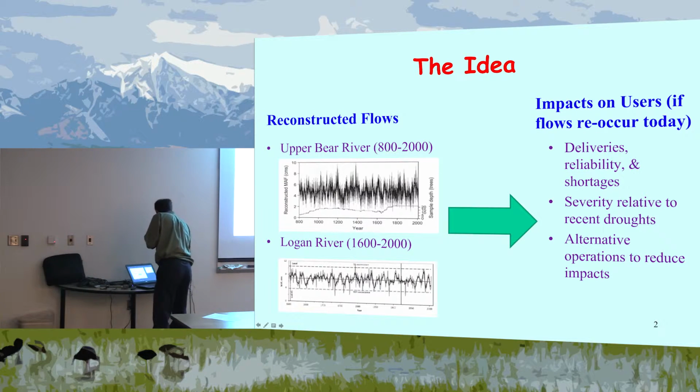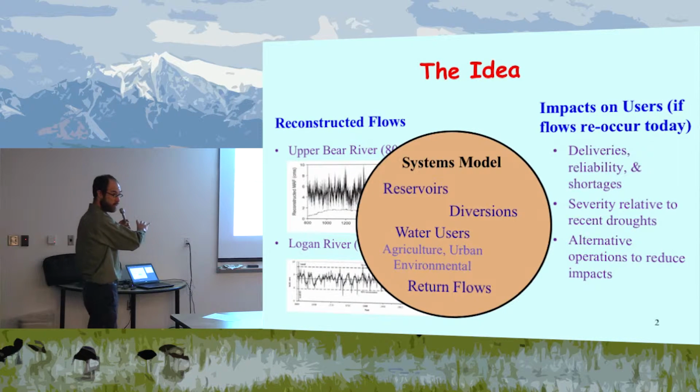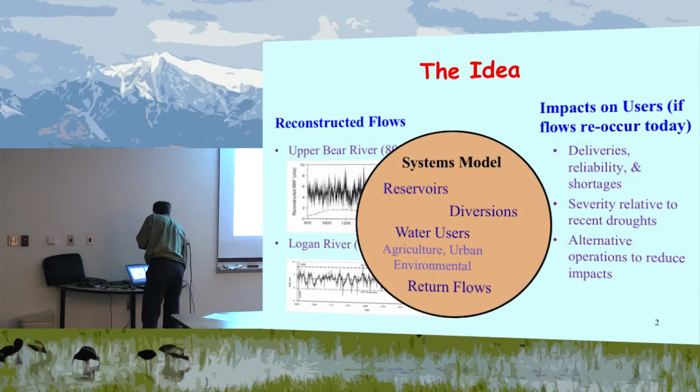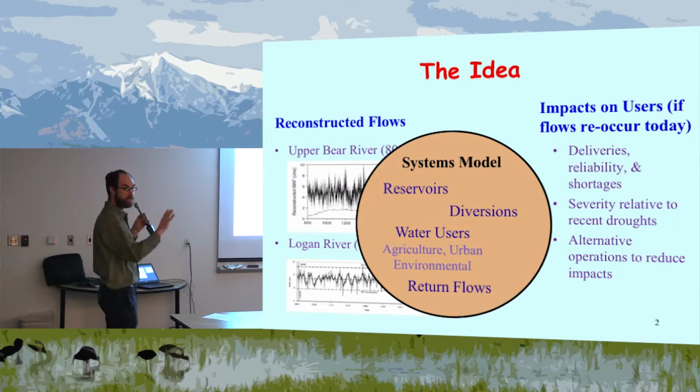Now, to do that, to go from headwaters locations where the paleoclimate data is developed to the impacts on users, which are down in the valley, we need a way to deal with all the complexity in the system that's in between those two points in space.